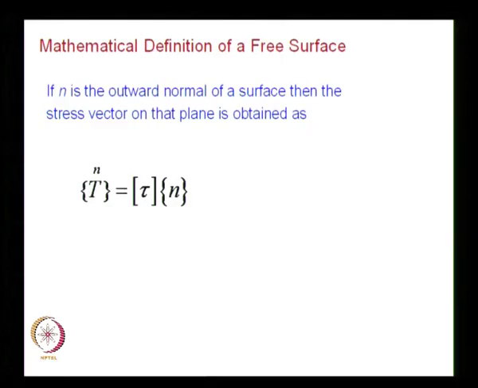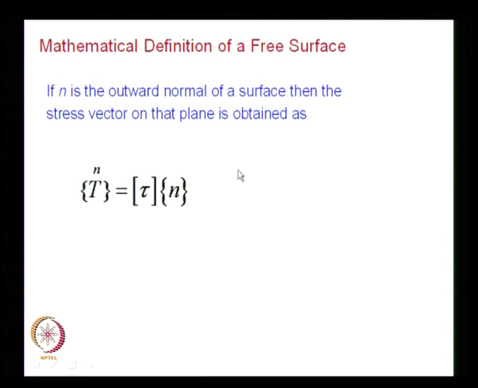What you have here is Tn equal to tau into n, where n is the direction cosine vector, tau is the stress tensor at the point of interest, and Tn is the stress vector acting on plane n. Plane is defined by outward normal.